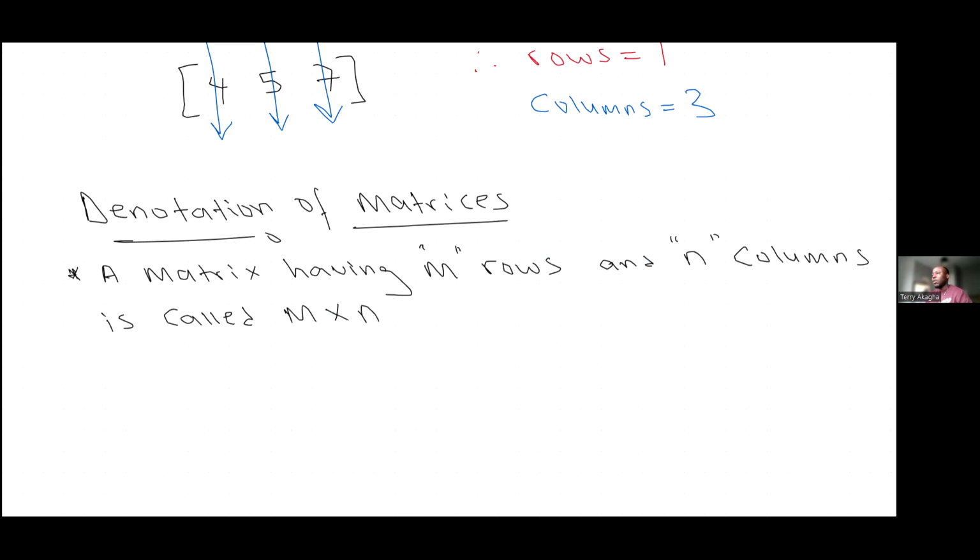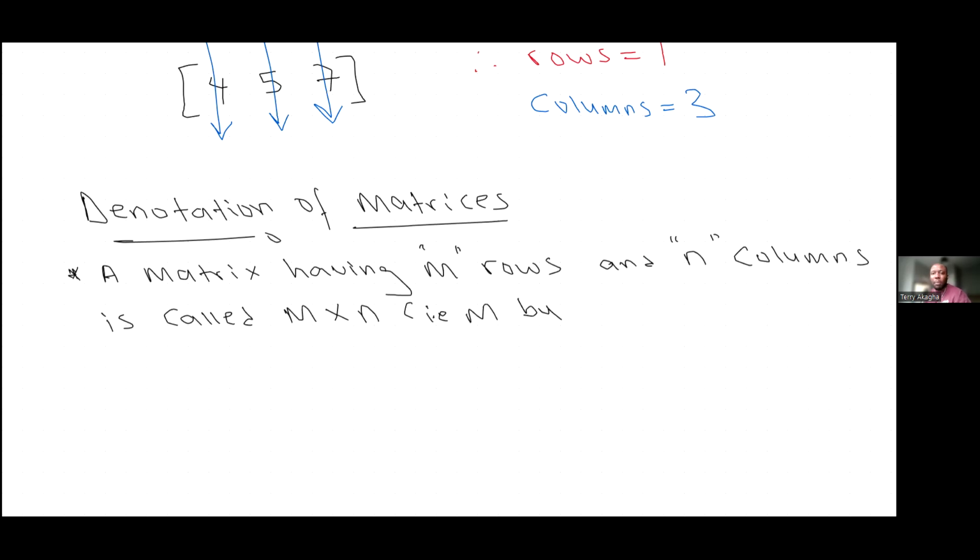So you can see that when you're writing it, the m is going to be in front. So the number of rows is going to be in front and the number of columns is going to come after. And how do we say it? It's said as M by N. That's how you pronounce it.